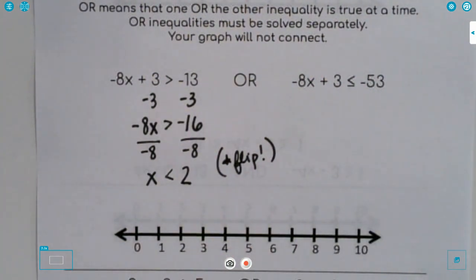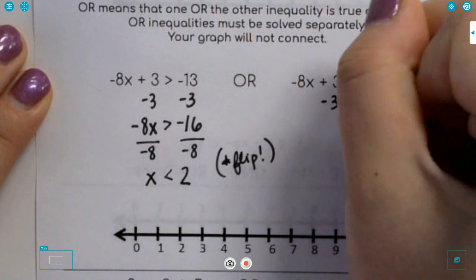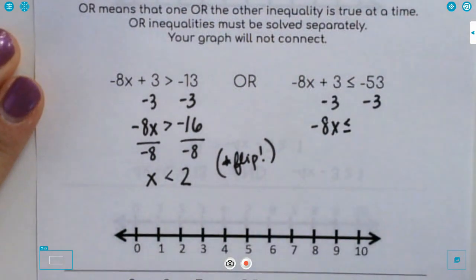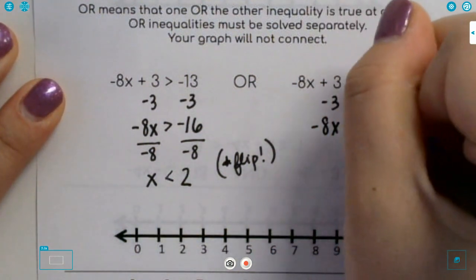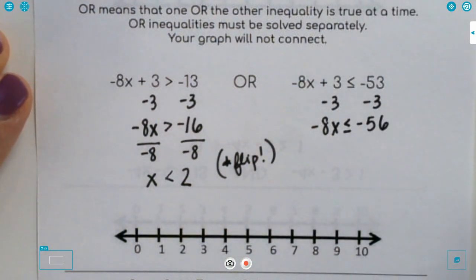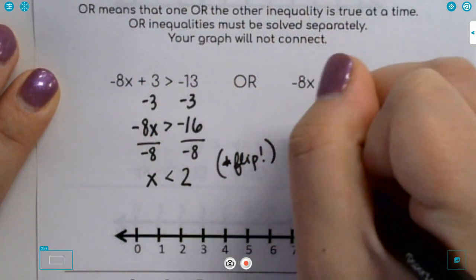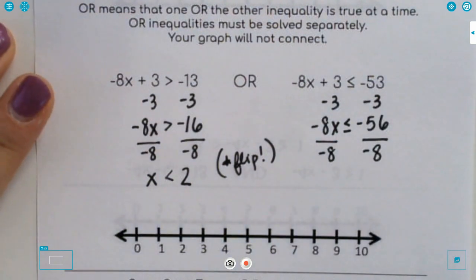The other one we are going to solve. We've got negative 8x plus 3 is less than or equal to negative 53. We solve it the exact same way. So we'll subtract 3 from both sides. Negative 8x is less than or equal to negative 56. And then again, we'll divide both sides by negative 8. When we divide by a negative, we will flip our sign.